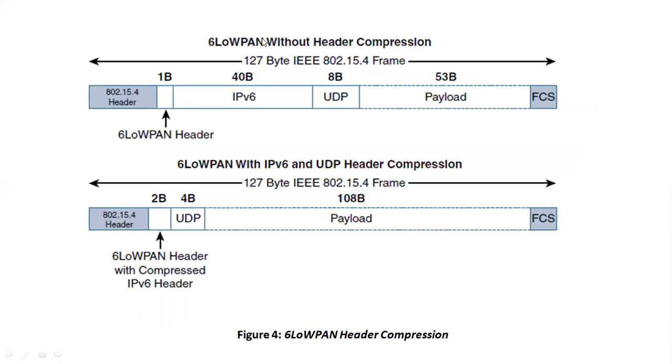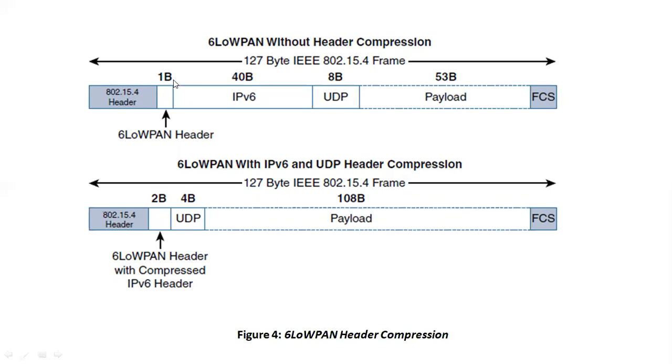See here, two diagrams are there, top and bottom. The top diagram shows a data frame of length 127 bytes. The total length of this frame is 127 bytes, but if you observe, you are getting only 53 bytes for your actual data. That is 53 bytes of payload. Then what about the remaining huge amount of data?